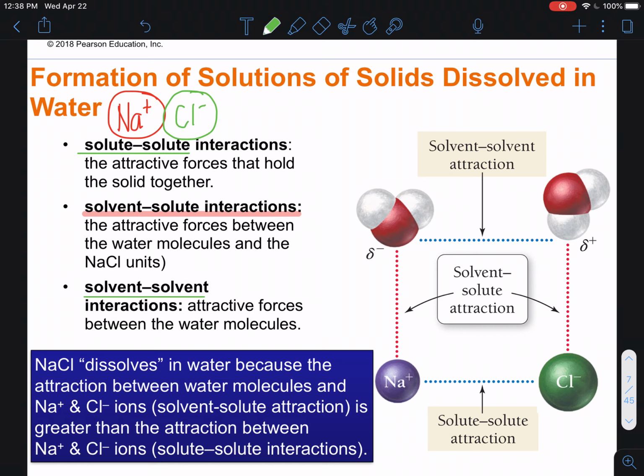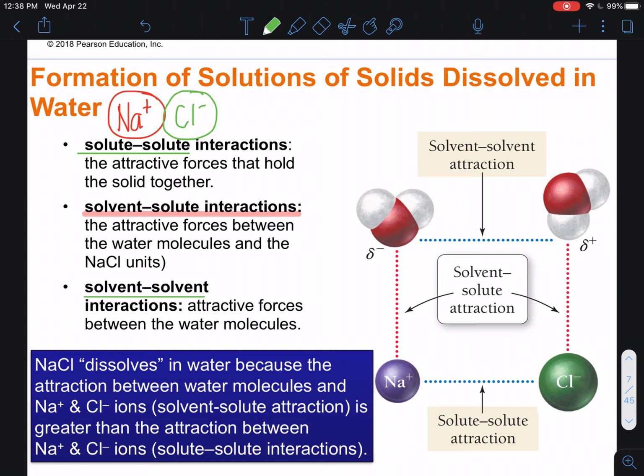And what do I mean by greater? What do I mean by favorable? There are lots of ways for me to describe what favorable or stronger means. But in this class, we don't have to go into math, and we actually don't even have time for that right now.